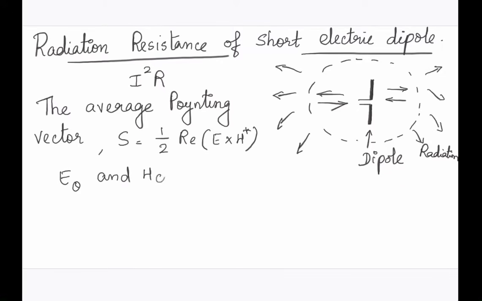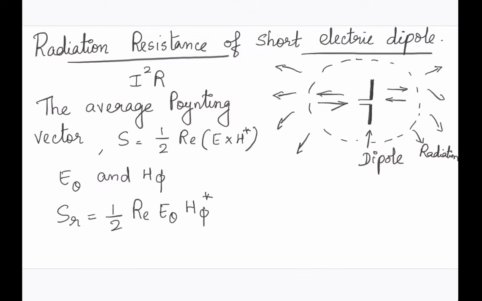So the Poynting vector is found in the far field, where we have only the radial component. The radial component of the Poynting vector, S_R, can be written as 1 by 2 into the real part of E theta into H phi conjugate.